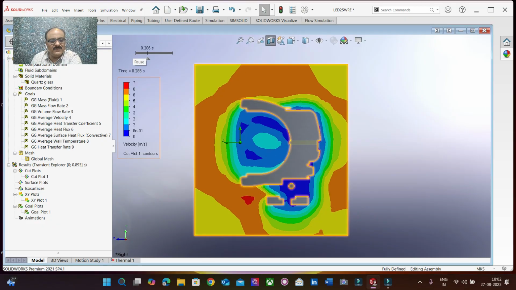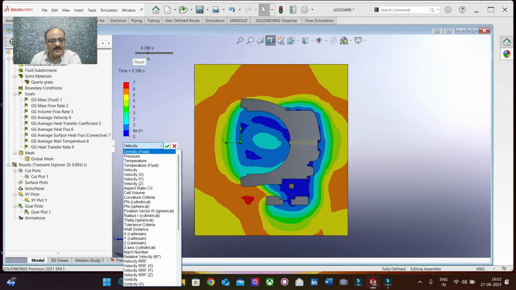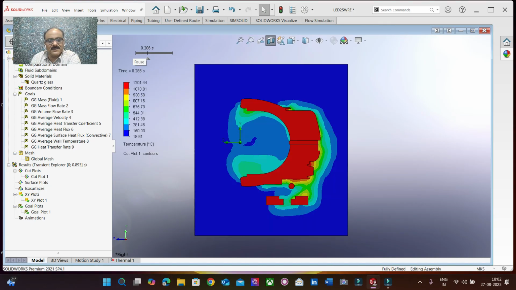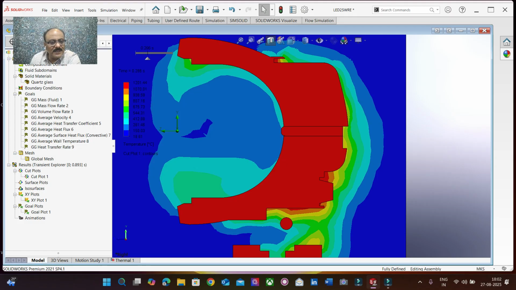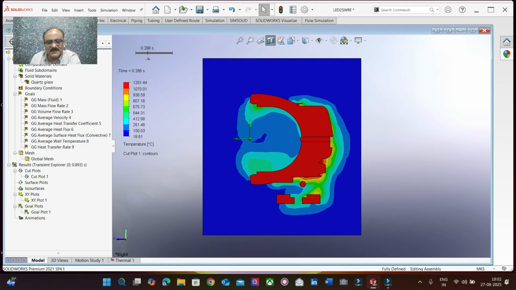Now let's see what the change in temperature is. So the temperature of the system, this is how it is going to be. We have 1200 degrees, which is the structure's temperature, and that 1200 degrees is going to be reduced. Externally, whatever heat is getting dissipated, we are able to find out the temperature. It's about blue here, which means the person standing behind it is going to experience some heat.